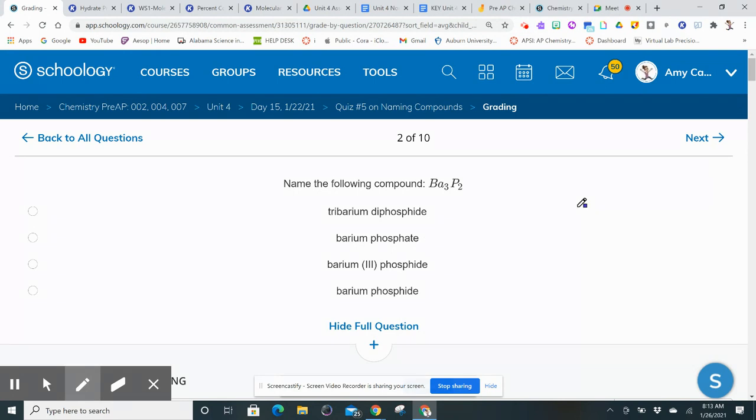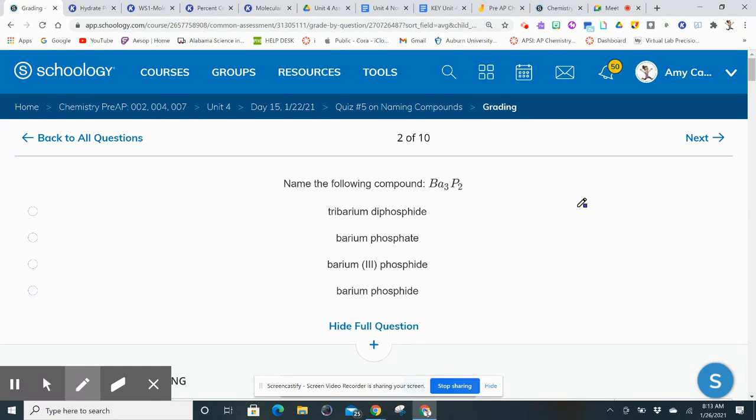Okay, so I need to look and see, are these metals and nonmetals? Is it ionic or is it covalent? Okay, so looking at this, do I have a metal in this formula? Do I have something that's on the left side or in the middle of the periodic table? So get your periodic table out, look up Ba, and look up P. Yes.